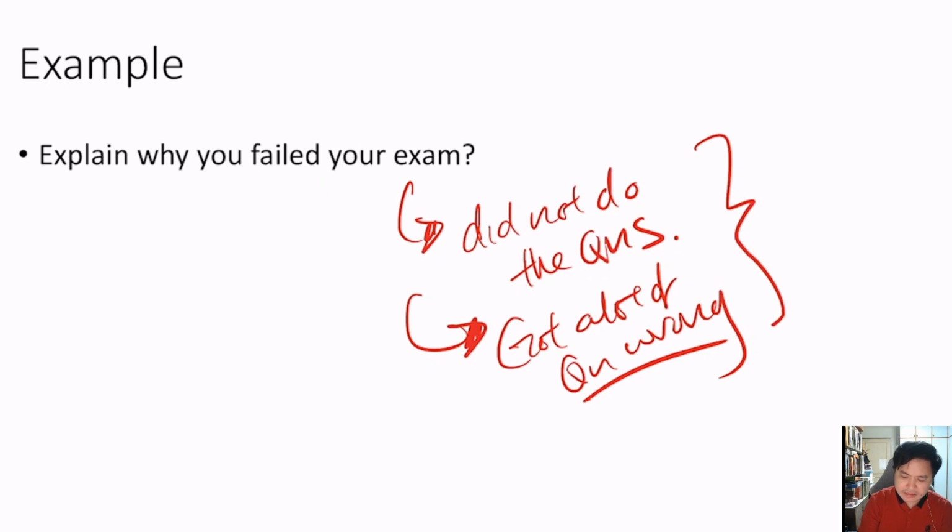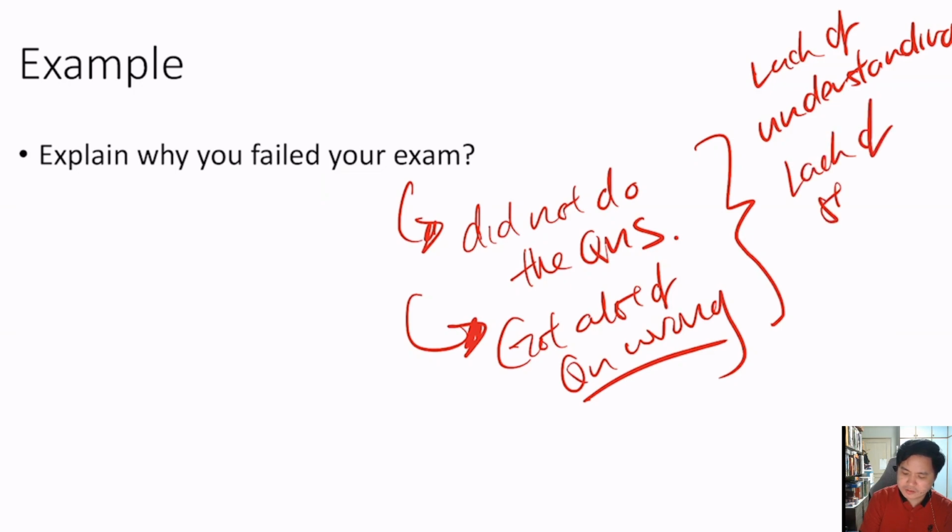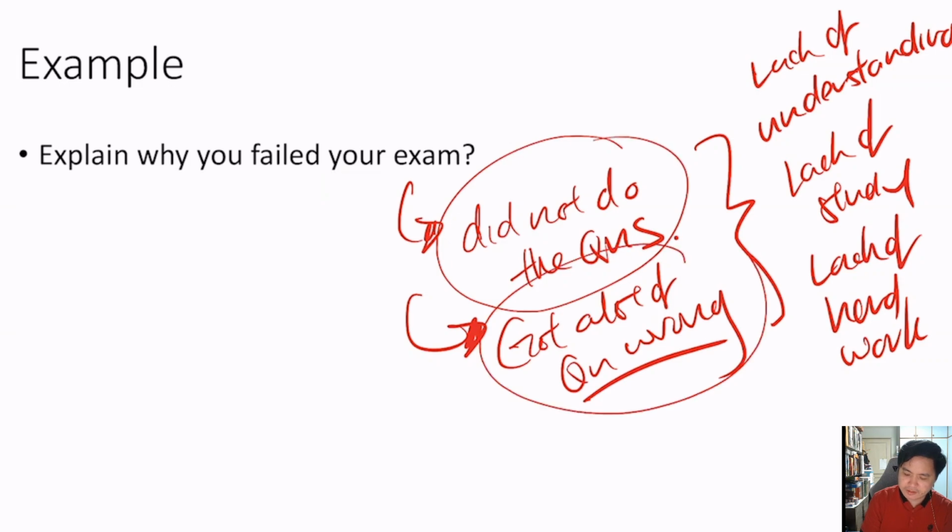So based on these facts, how do you explain how these evidences actually led to your failure? Because it clearly shows a lack of understanding. It shows a lack of study, it shows a lack of hard work. So the evidence, the historical facts, are I didn't do the questions, I got a lot of them wrong.